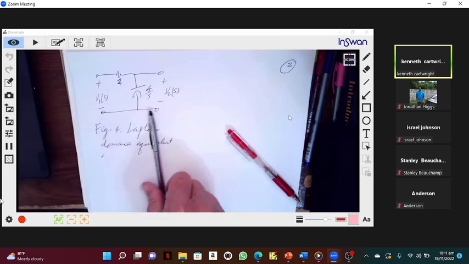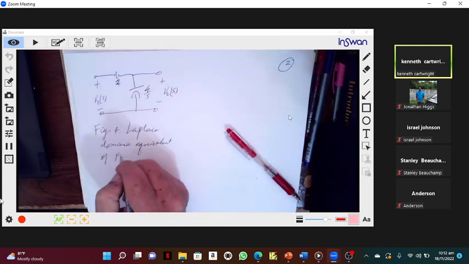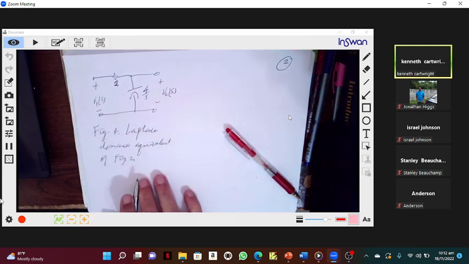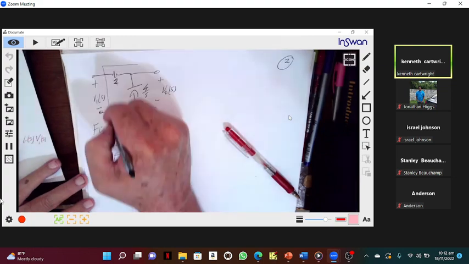Let's get back to this. So figure 4, this is the Laplace domain equivalent of figure 2. So here's the two-port network.